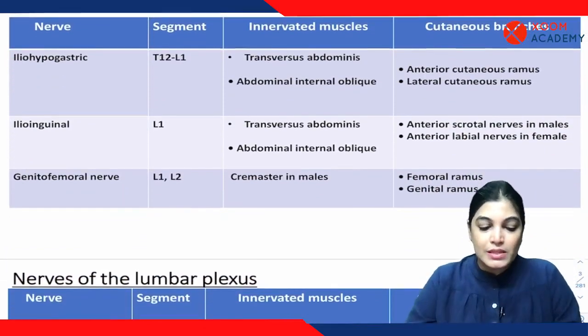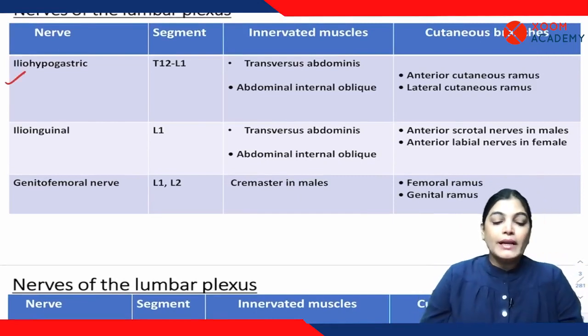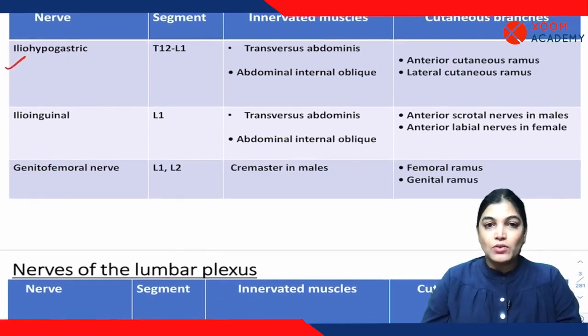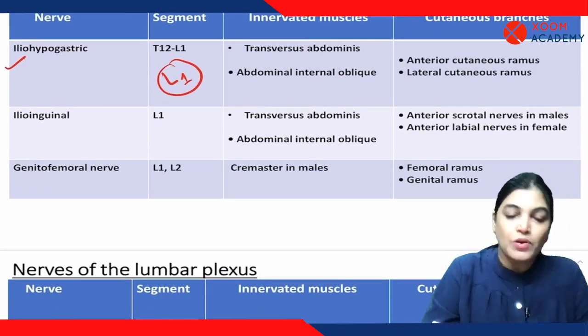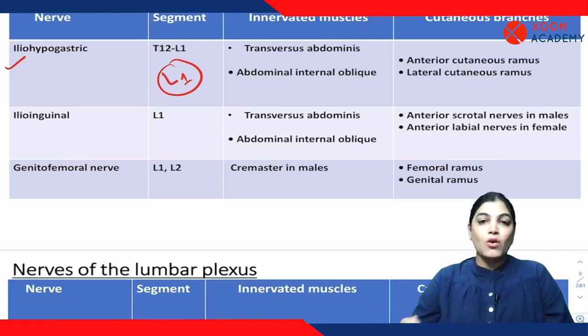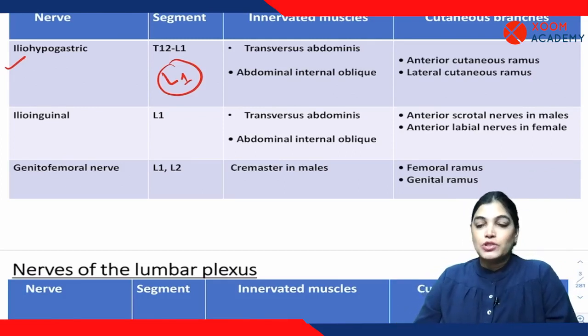The first nerve of this category is the iliohypogastric. If I talk about its formation, it gets major contribution from L1, from the ventral rami of the first lumbar nerve. But it also takes contribution from T12, and it gives innervation to the muscles of the anterior abdominal wall.